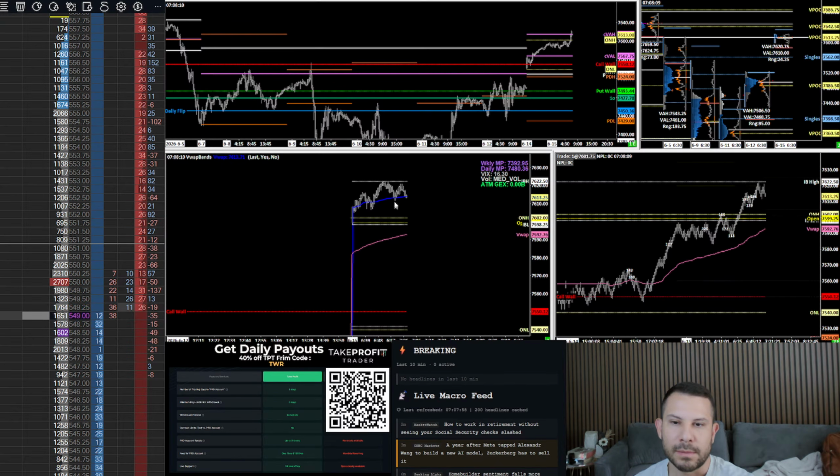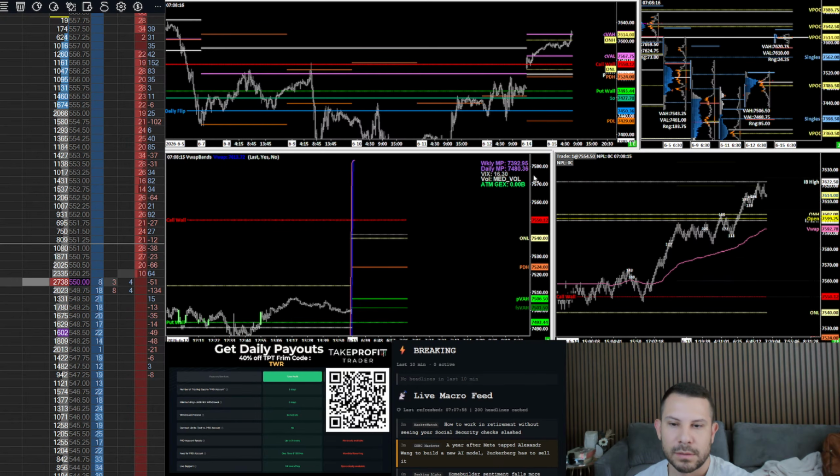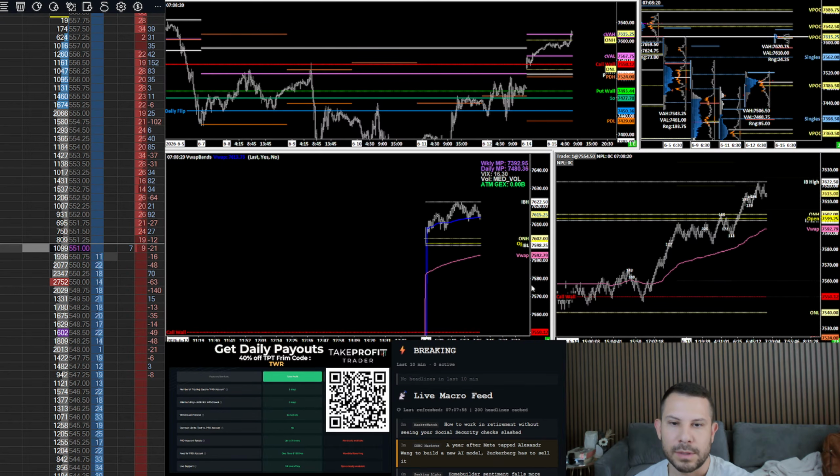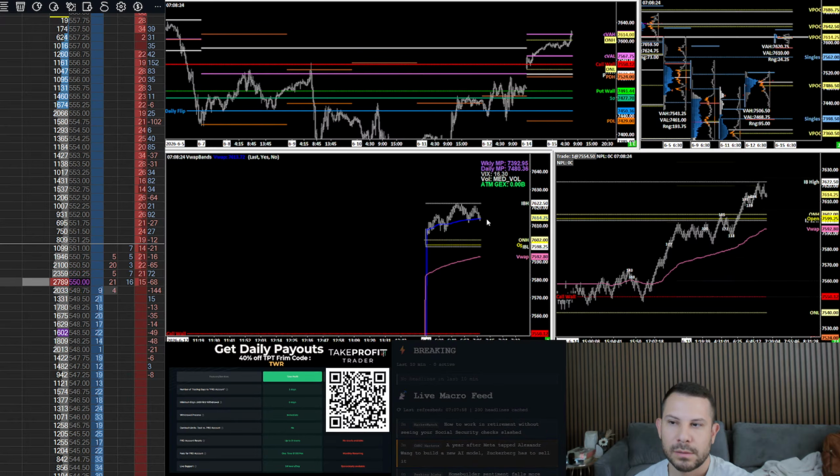Let's see. Yeah, so it's like VWAP's right there. Is that right? Put it for the RTH. It says it's right here. Let me know if that's right. 48. Jigsaw says it's 48 on the old contract.